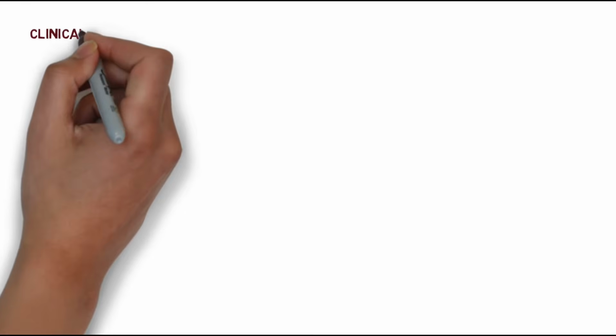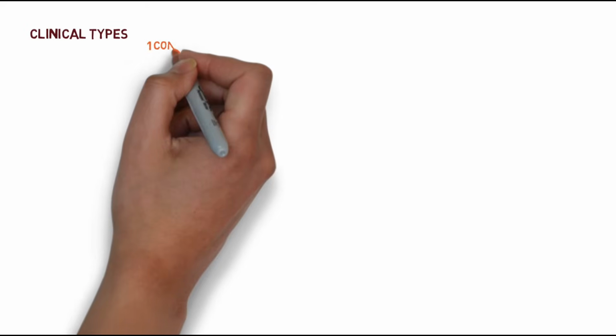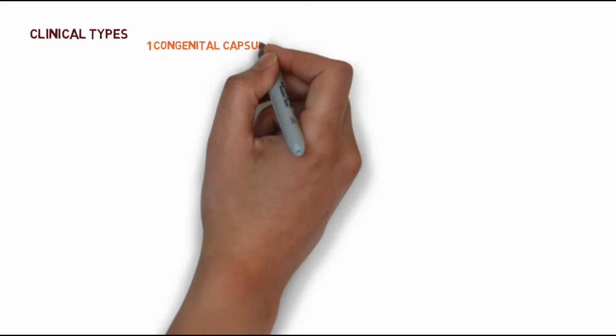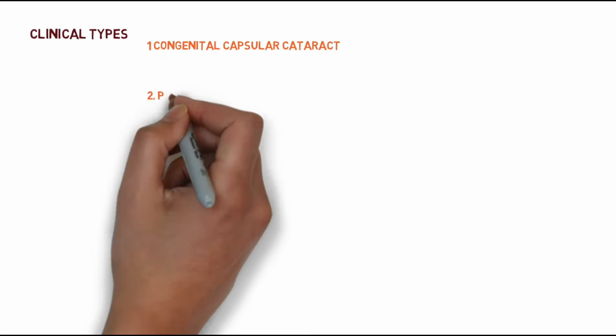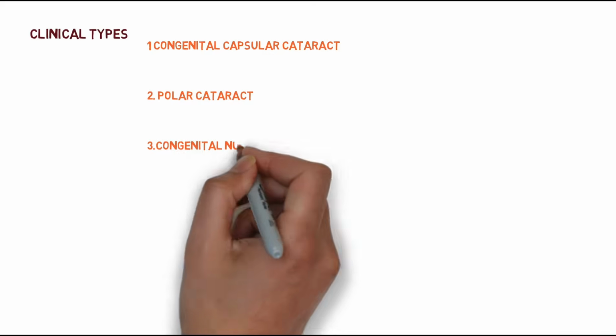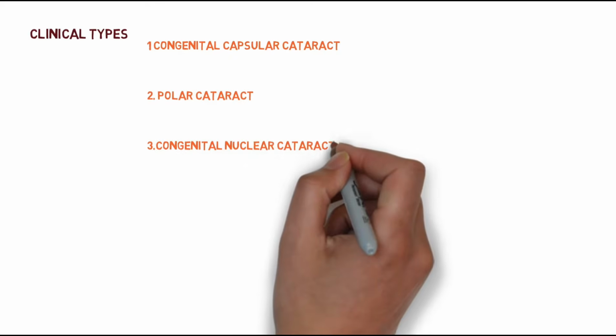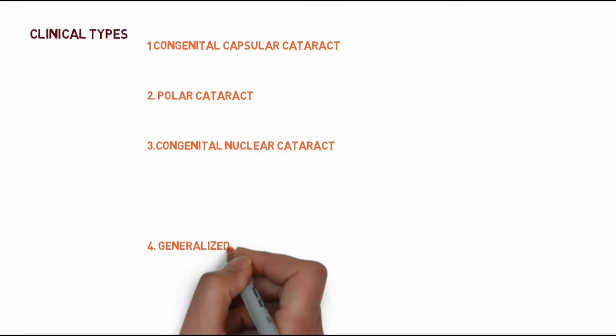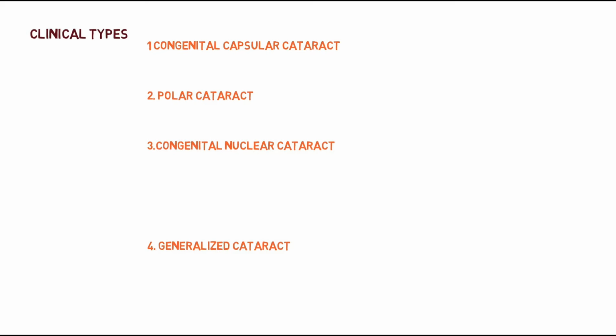Now moving toward the next topic, that is clinical types. In congenital cataract, there is congenital capsular cataract, polar cataract, congenital nuclear cataract, or generalized cataract. There are subtypes.